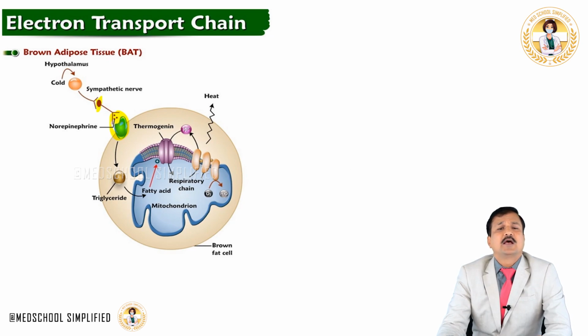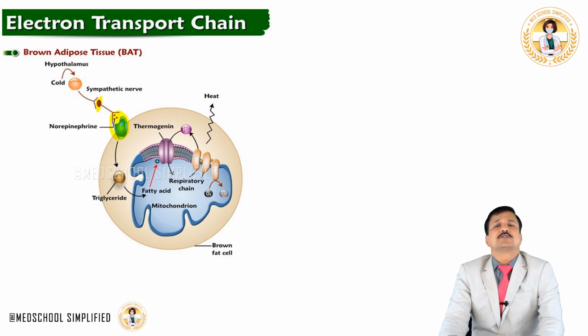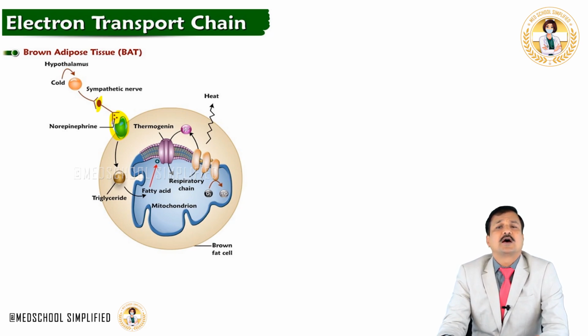So basically, opening of thermogenin through fatty acid will make the electron transport chain inefficient, and the protons that are leaking through this thermogenin towards the matrix side from the intermembrane space cause release of heat, because energy is not captured by the proton gradient that is trying to build there.